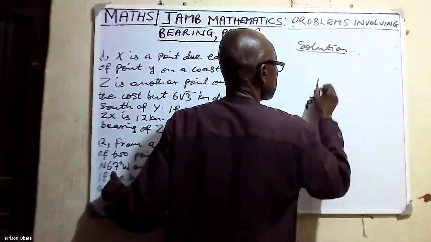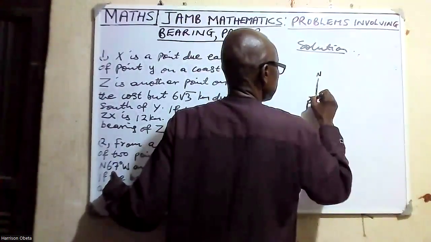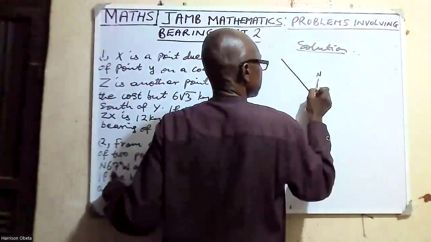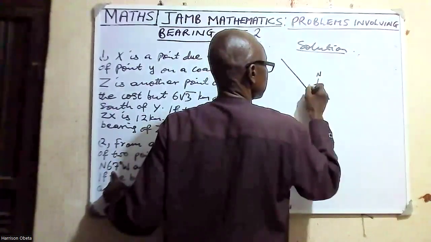That means this is north, 67 degrees west. This is 67.